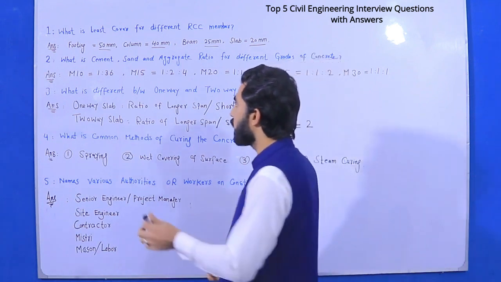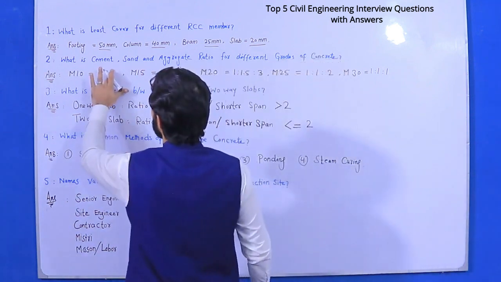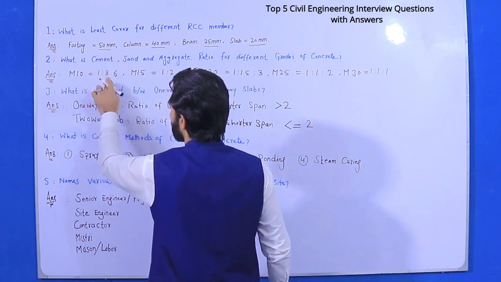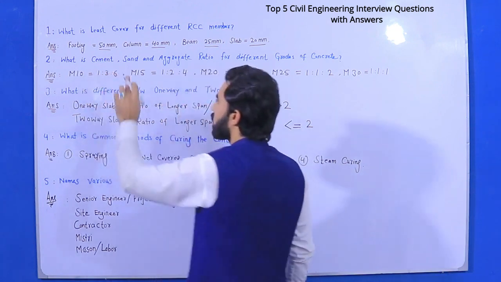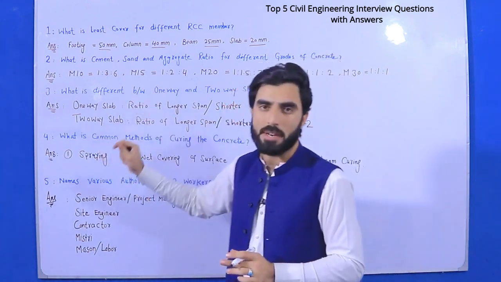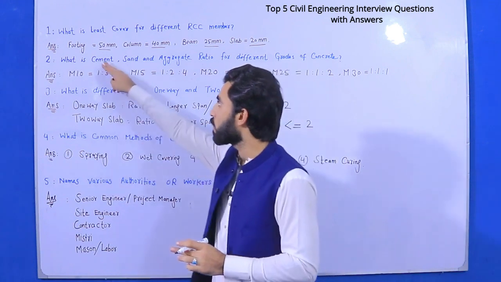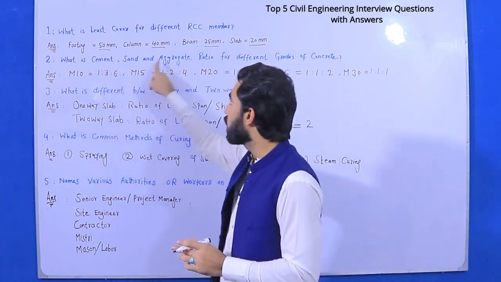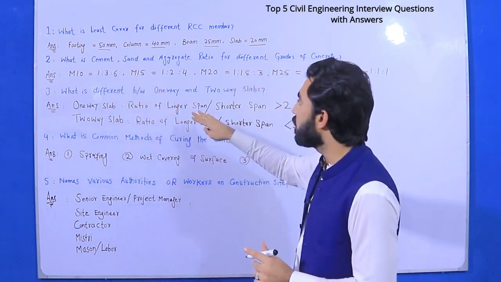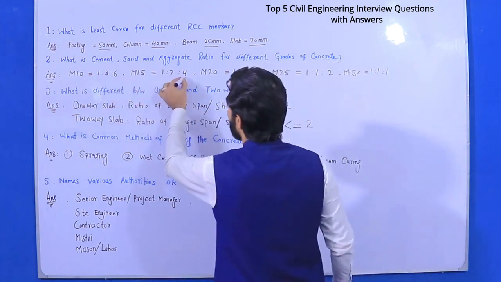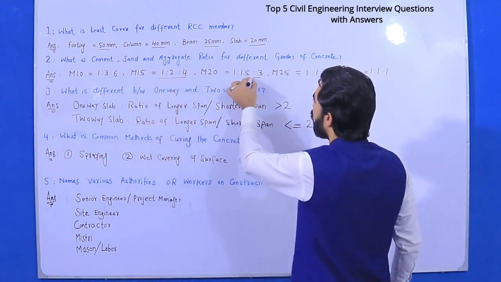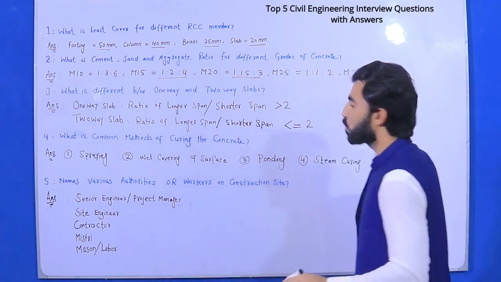So for M10, the ratio of cement is 1, sand is 3, aggregate is 6. So 1:3:6 is the ratio of M10. The first one is cement, the second one is sand, the third one is aggregate. For M15, it is 1:2:4. For M20, 1:1.5:3.